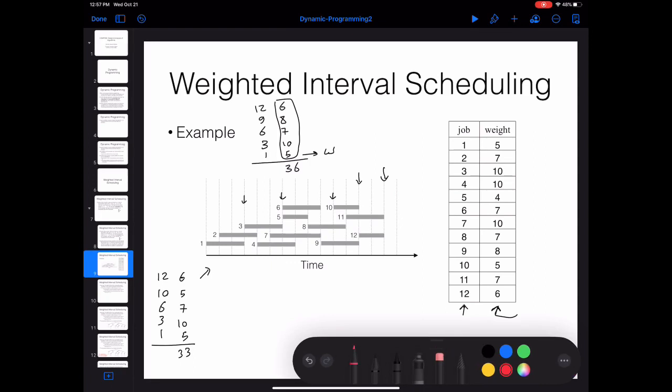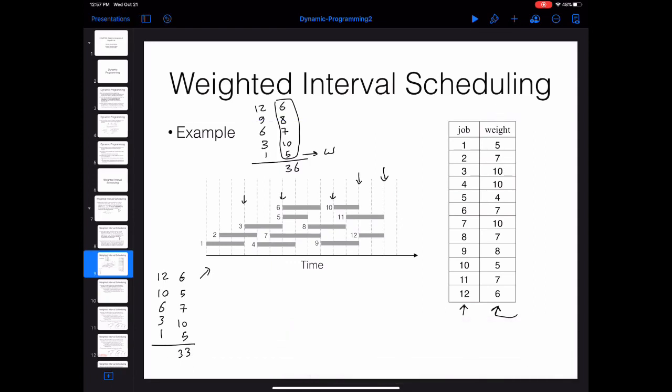Okay, this time, again, I'm going to start from the end, and if there is a tie, I'm going to break it by going with the job which has higher weight. So here, I'm going to choose job 11 instead of 12.